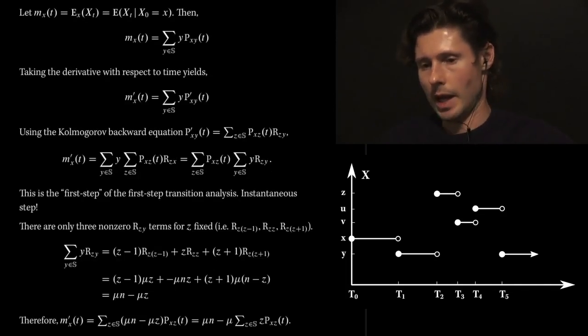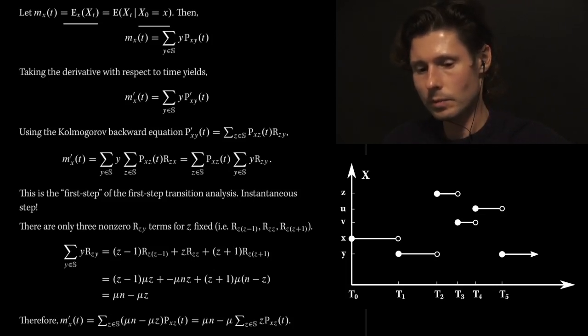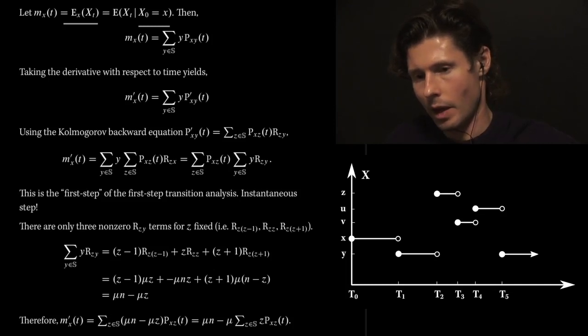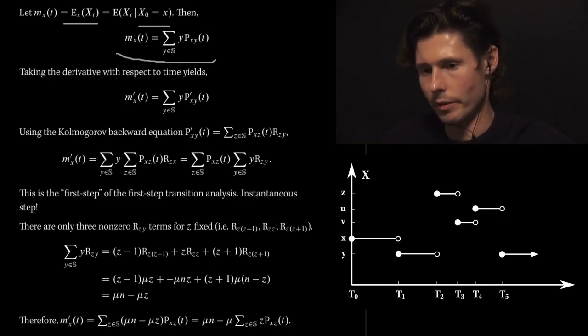We're looking at the expected value at time t in the future, starting from any state x. So we could start from 0, but here I'm going to start with an arbitrary state x. And here's how the calculation is going to go. So the first thing to do is write down the formula for m_x, which is nothing other than taking the involved probability distribution. What is our probability of going from x to y in t time steps?